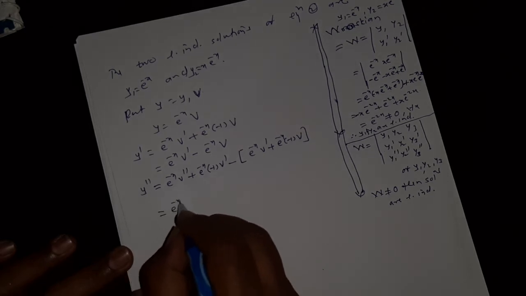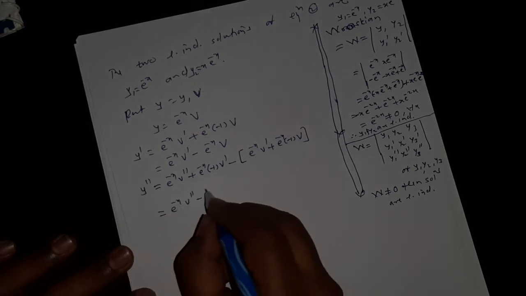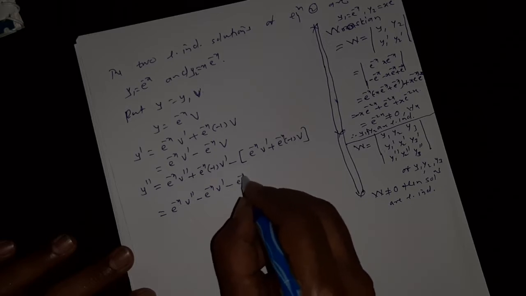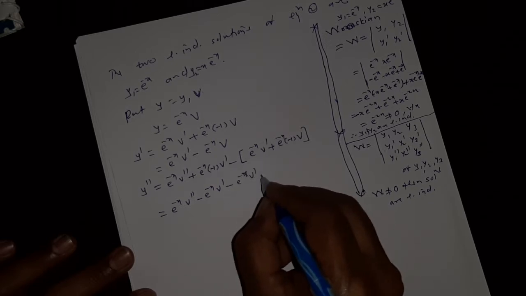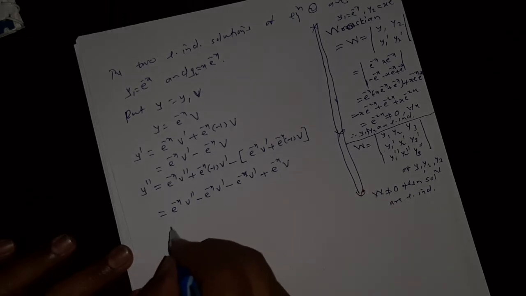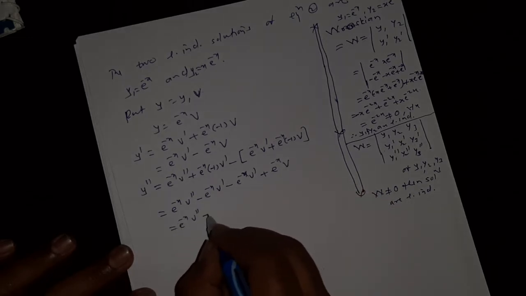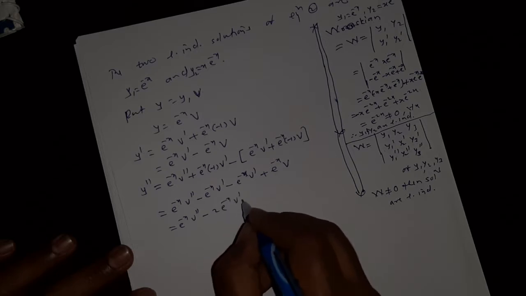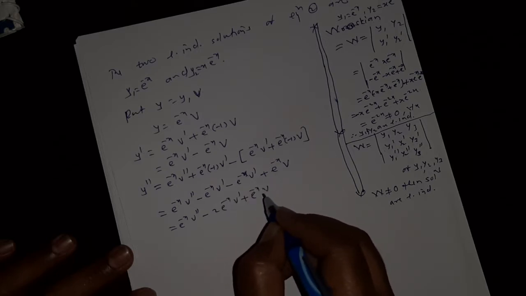So we have e raised to minus x v double dash minus e raised to minus x v dash minus e raised to minus x v dash, minus minus become plus e raised to minus x v, and this is equal to e raised to minus x v double dash minus 2 times e raised to minus x v dash plus e raised to minus x v.